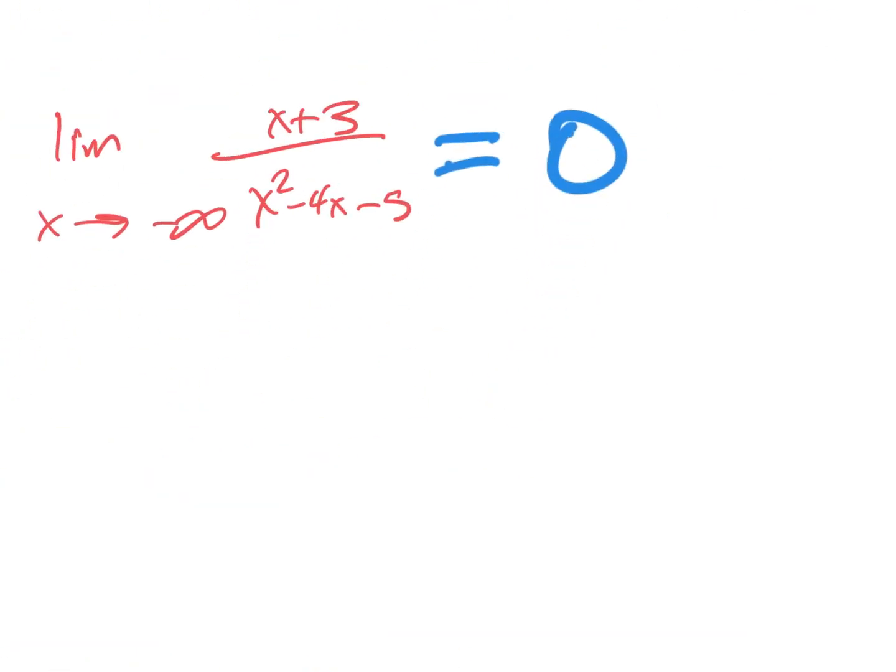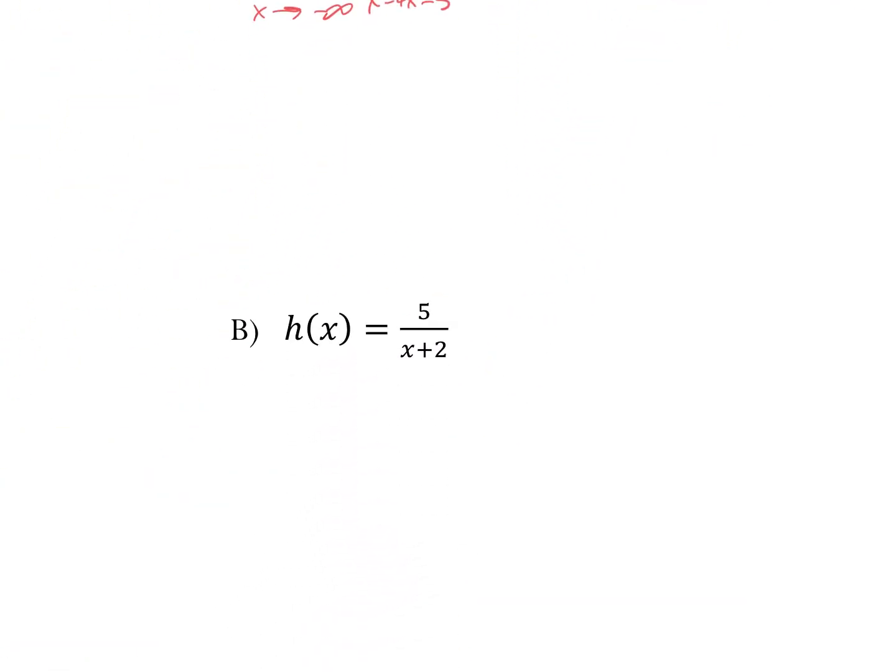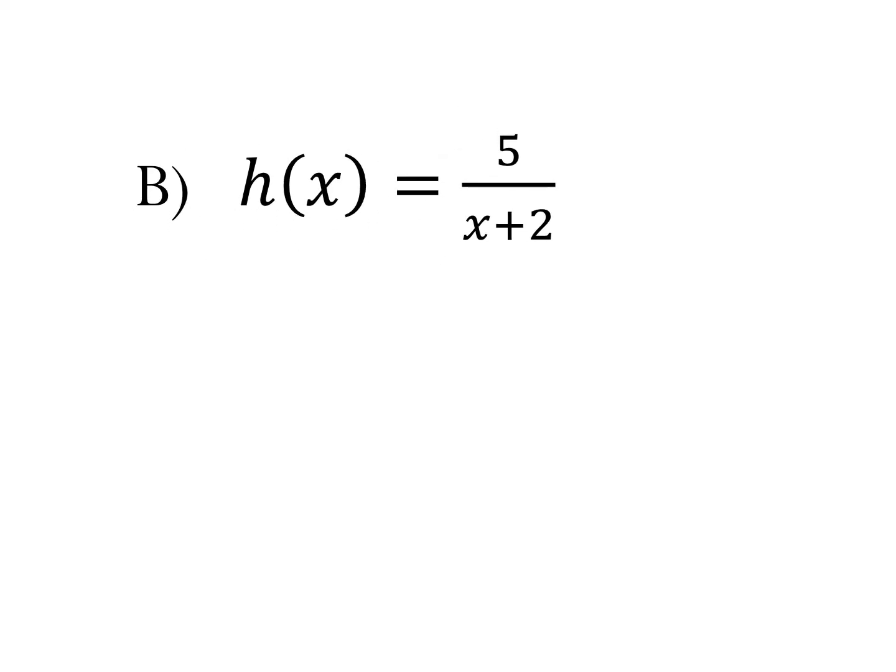Okay, so as I'm looking at this one beneath it, I'm not going to multiply by 1 over x squared. I'm going to say, well, what's my highest one? So this becomes 5 over x over 1 plus 2 over x. These two things are equivalent. And if I ask you what is the limit as x approaches infinity of 5 over x plus 2?